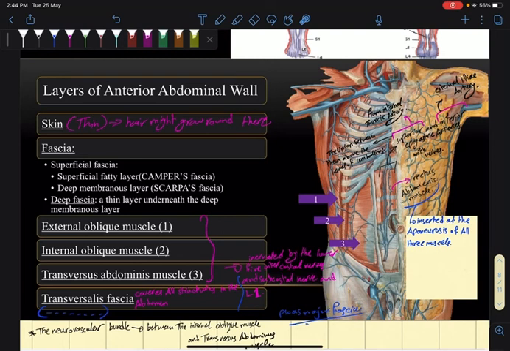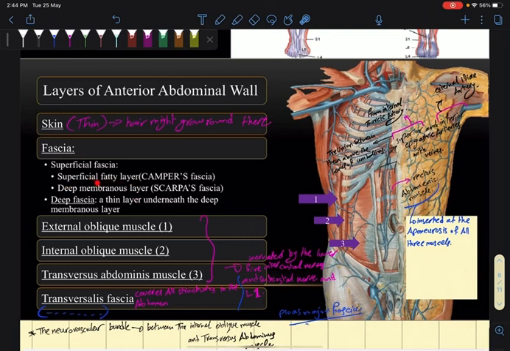Okay. The fascia in the anterior abdominal wall: you have two fascias, the superficial fascia and the deep fascia. Now the superficial fascia divides into two layers: the superficial fatty layer and the deep membranous layer.